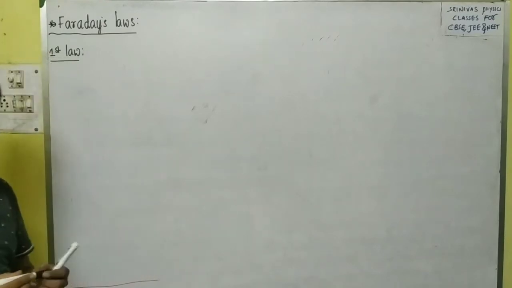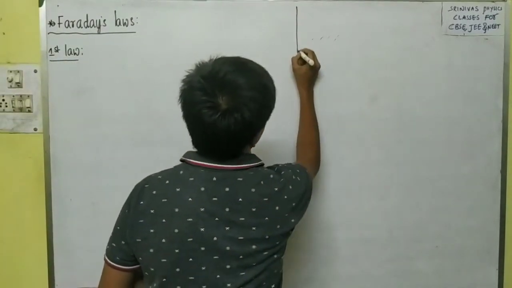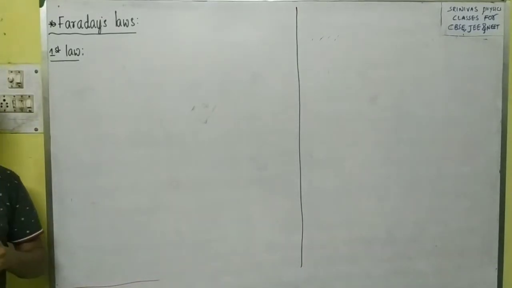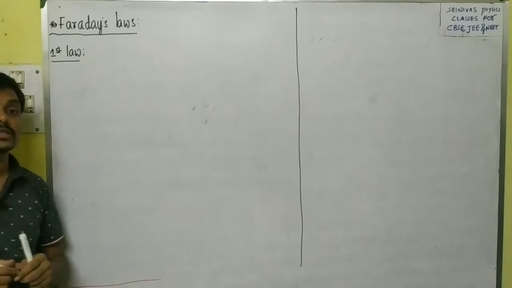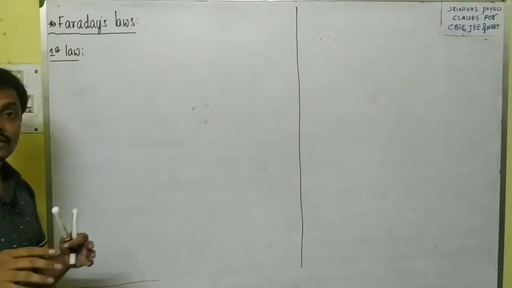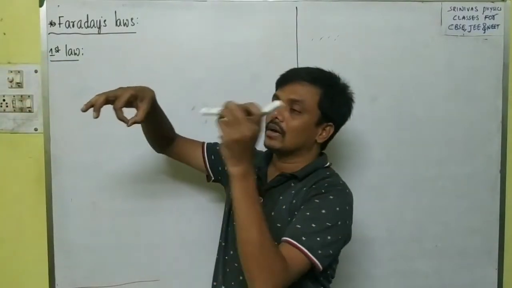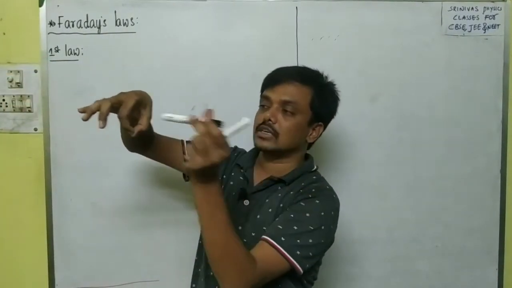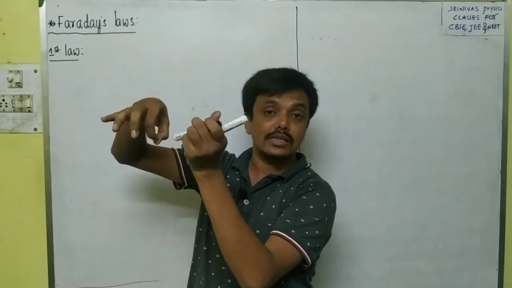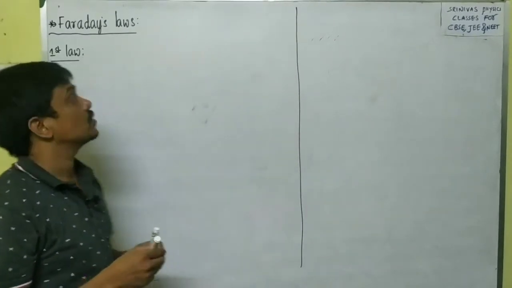Whenever a change in magnetic flux occurs in the coil, what happens? Current or EMF is induced in that coil. That is called the first law. For example, this is a coil and this is the magnet. When you move the magnet towards the coil, the magnetic flux linked with the coil changes. When the magnetic flux changes, then EMF or current is induced in it.